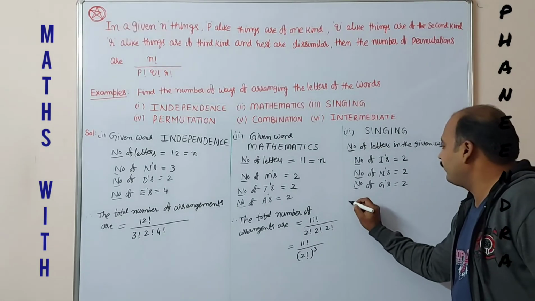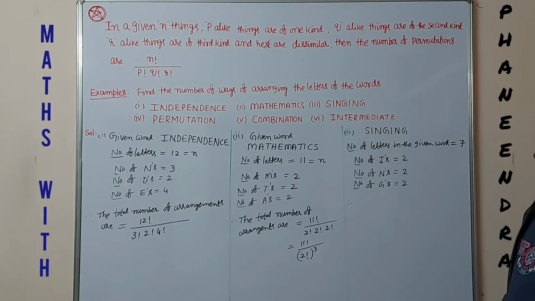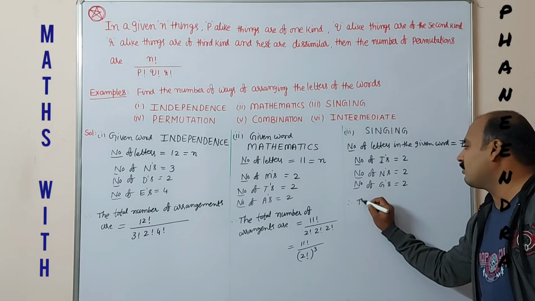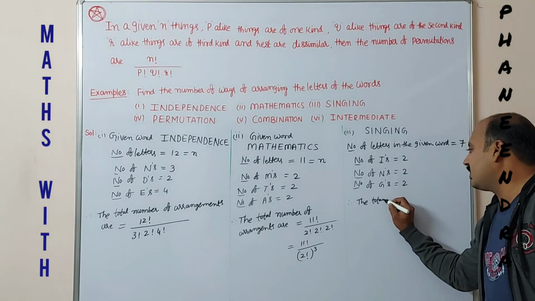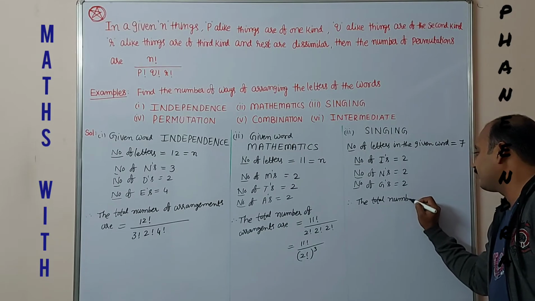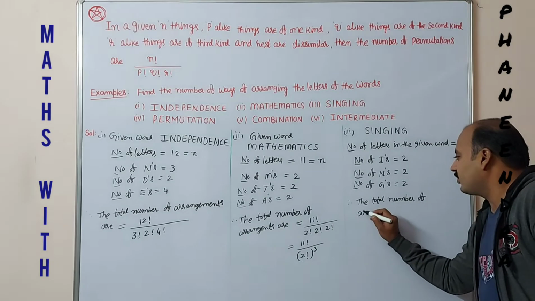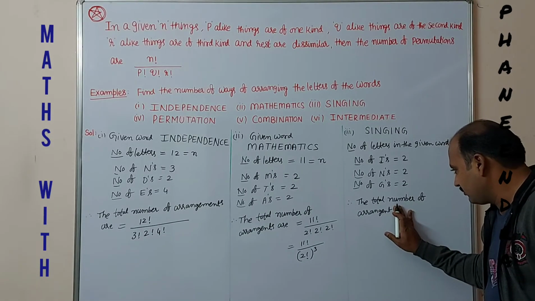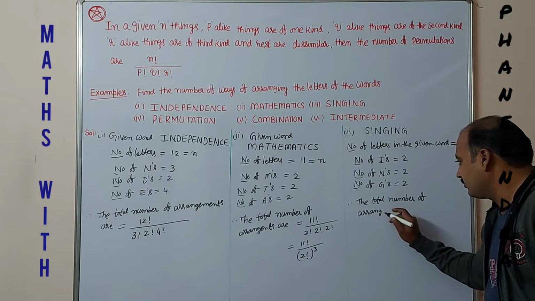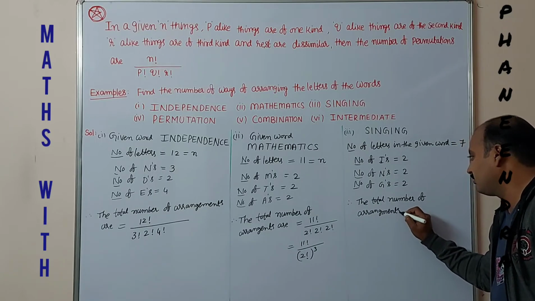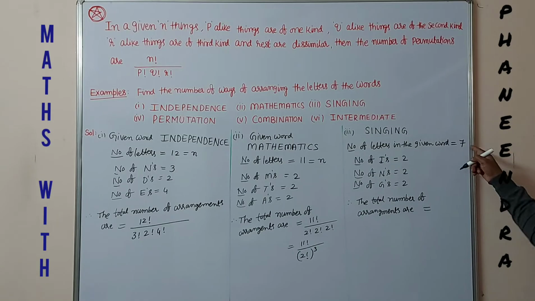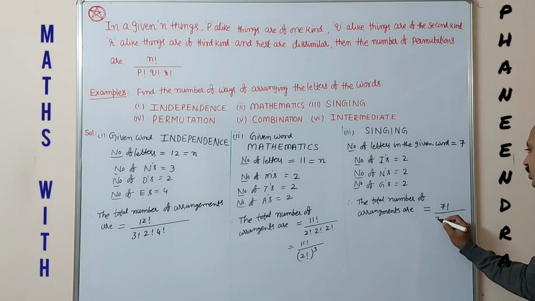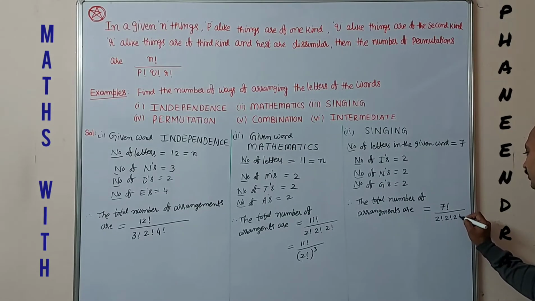So therefore, the number of ways of arranging the letters of the word singing, that means the total number of arrangements, are n factorial, so n is equal to 7. 7 factorial by 2 factorial into 2 factorial into 2 factorial.